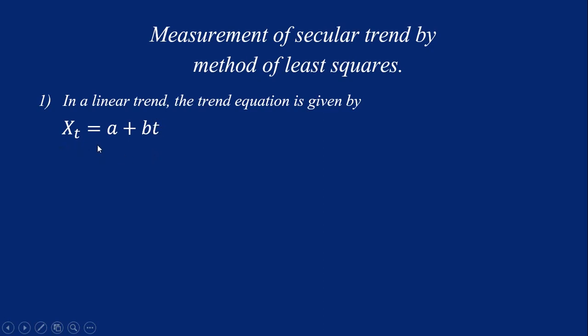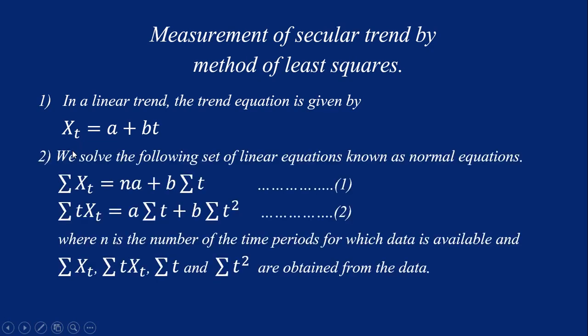Okay, so it is a linear equation and we are using these variables xt and t, t for time and xt for the variable we are considering, like production, sales, and like that. We solve the following set of linear equations known as normal equations. Now when we want to write the equation of the trend line, we know time, we know values of the variable using that time series data.